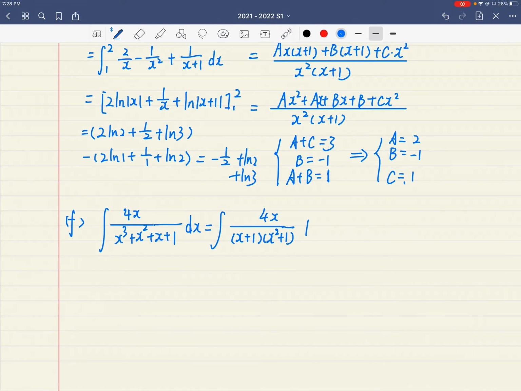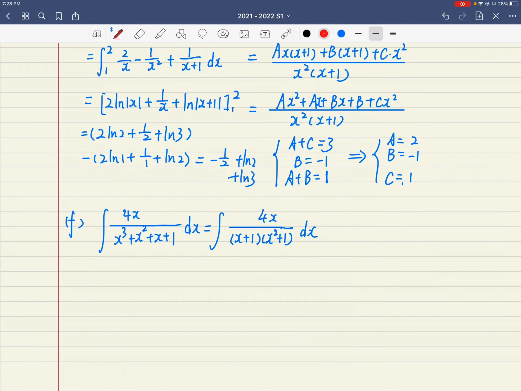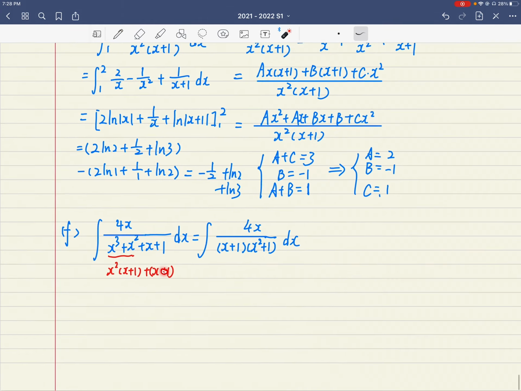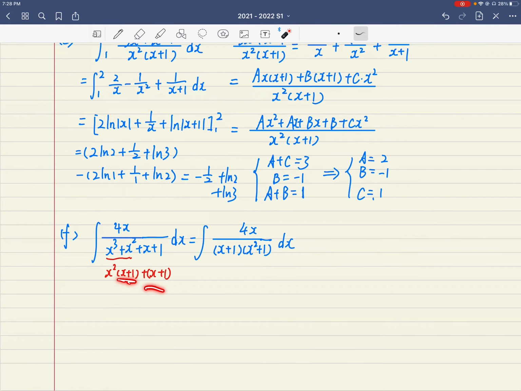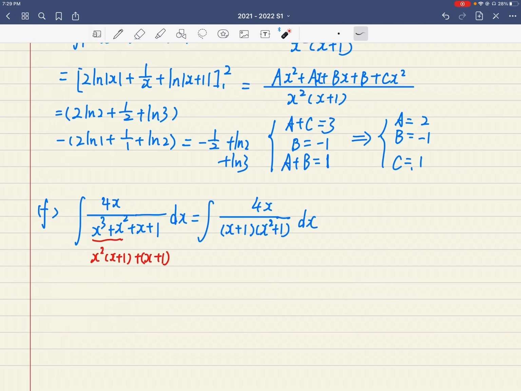Okay, 4x. Just get the common factor, because here this part is just x squared times x plus 1, plus x plus 1. So now this is a common factor. You can write it in this way. And after here, what should we do?